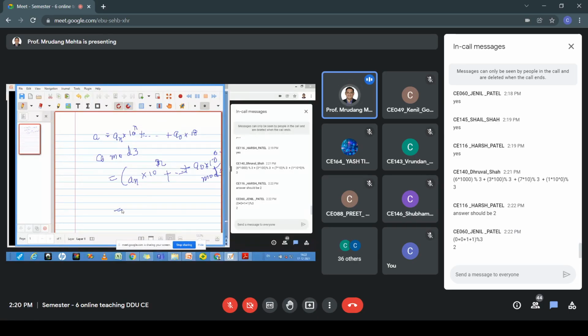So this is equal to, what is the answer? We have to apply it. So which two properties will we apply here? First we will apply addition.